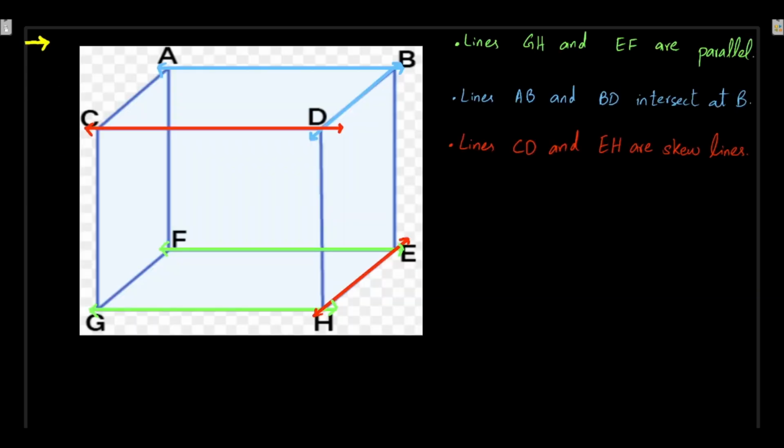Here we have drawn some lines on the edges of a cuboid. In these lines, GH and EF are parallel lines.